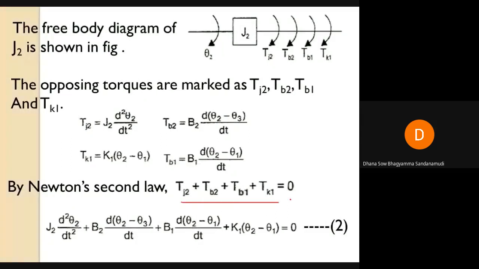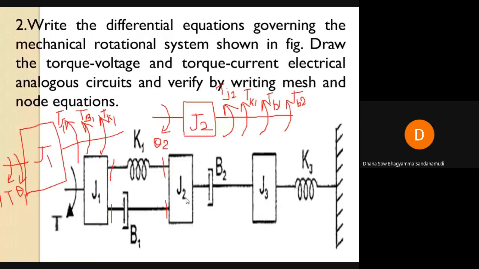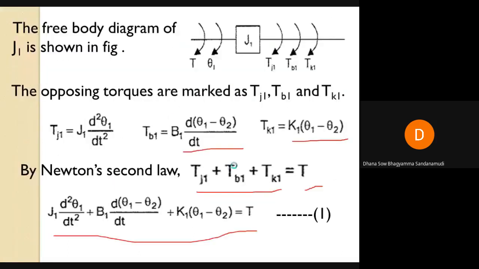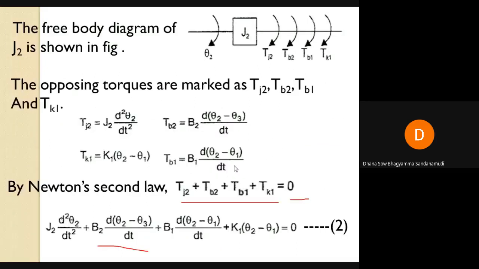B2 is in between node 2 and node 3. B1 and K1 are between node 1 and node 2. You must keep that in your mind while writing the differential equations. So B2 is in between node 2 and node 3, which is why we have differential angular velocity and differential angular displacement. So this is our equation at node 2.